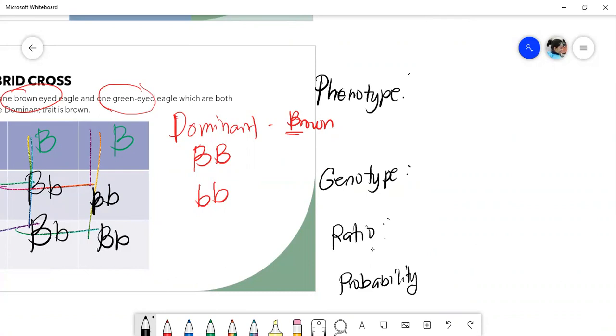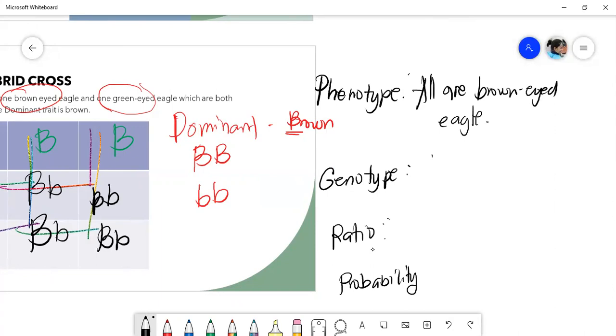Your phenotype here, since all of them have the capital letter B, then therefore you would say all are brown-eyed eagles.